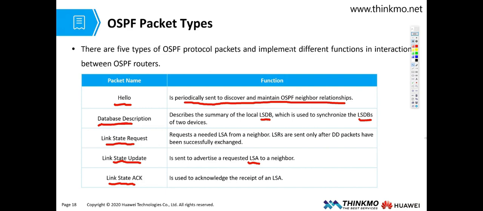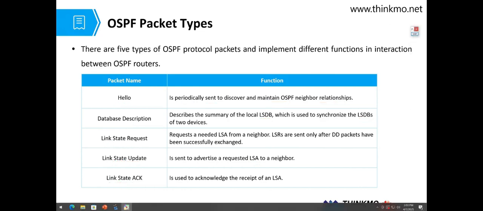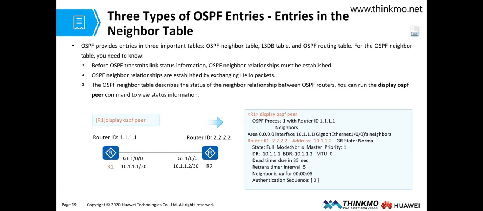In OSPF, the main focus is on 3 processes. First, we need to establish our neighbors, and then calculate using the SPF algorithm. Finally, we calculate our OSPF routing table. In this context, there are 3 tables, and these 3 tables are very important. For example, during this process, the first table is our neighbor table.